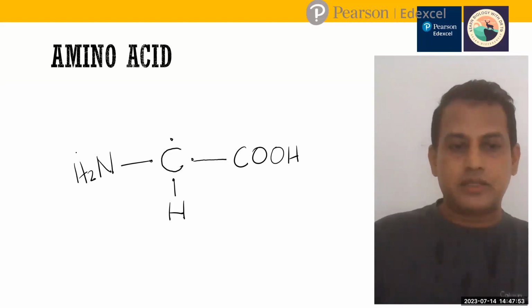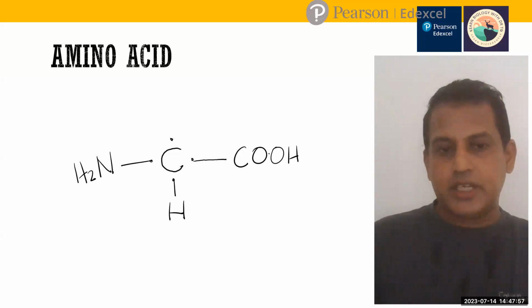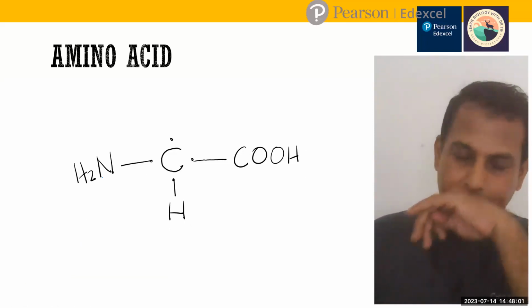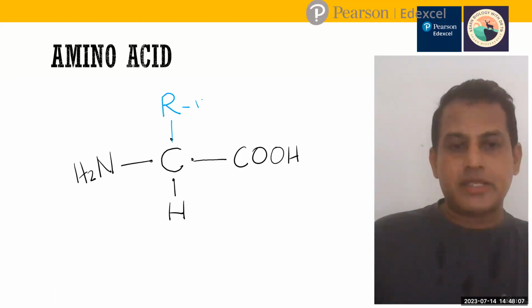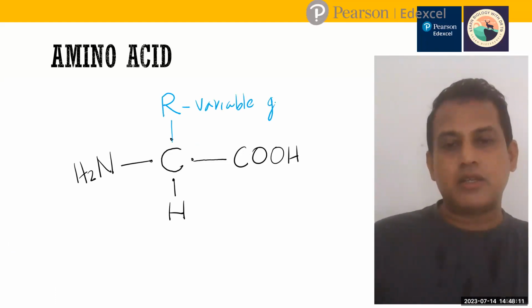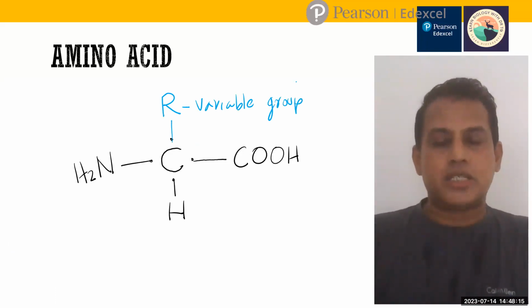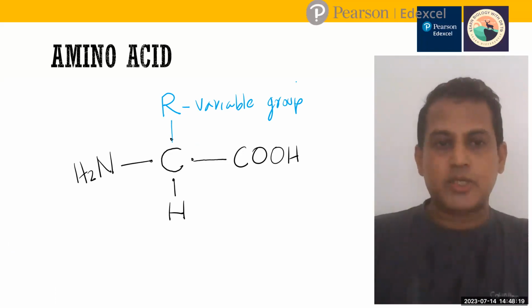This black text indicates the common structure of all 20 amino acids. Now the blue one, I'm going to write here R. R is a variable group. So R is changing from one amino acid to another amino acid.